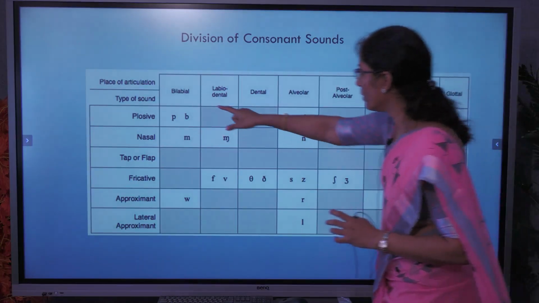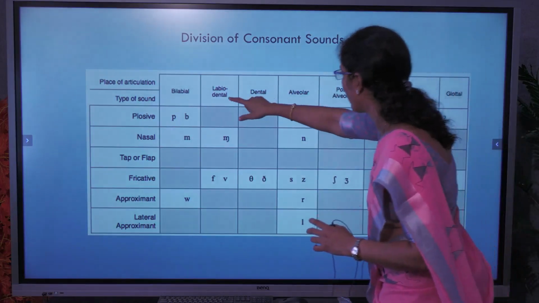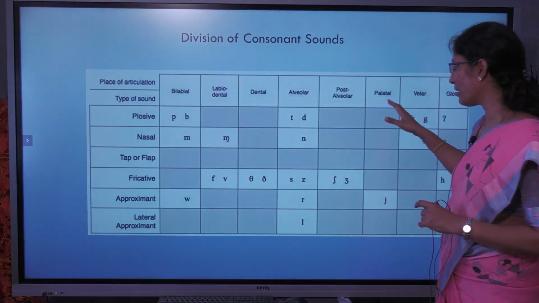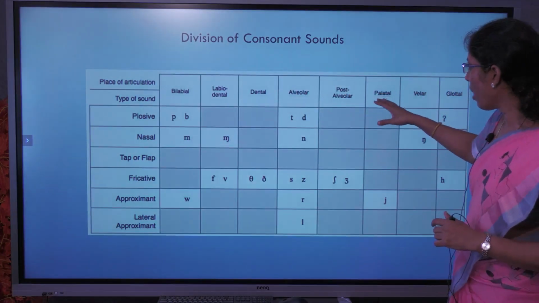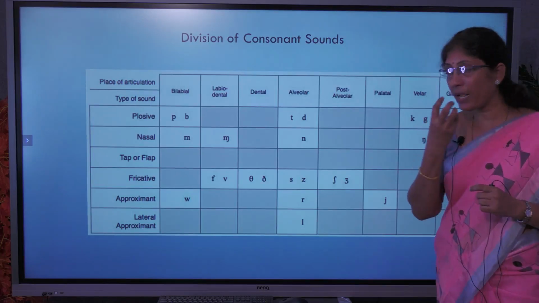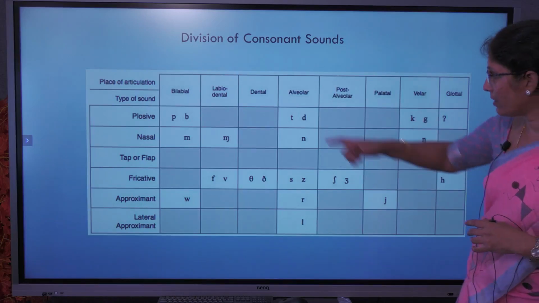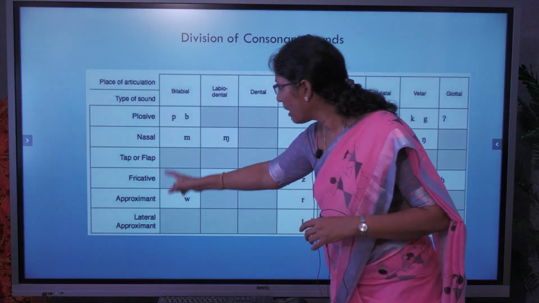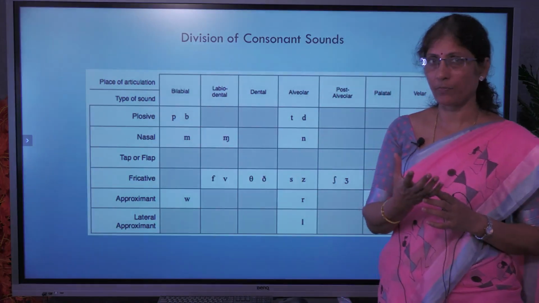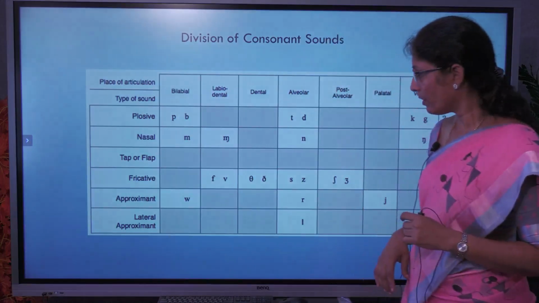This row, this horizontal line, the x-axis, is a classification of how consonant sounds are divided according to the place of the organs. And this column-wise is the manner of articulation, that means how air is released. According to that these are divided.